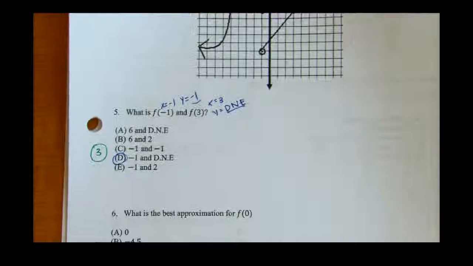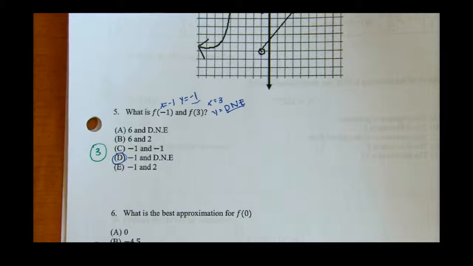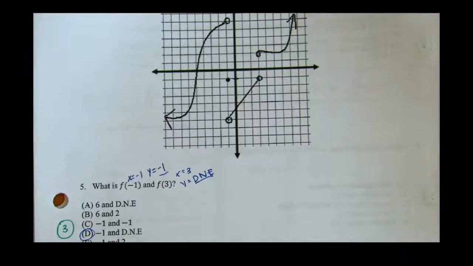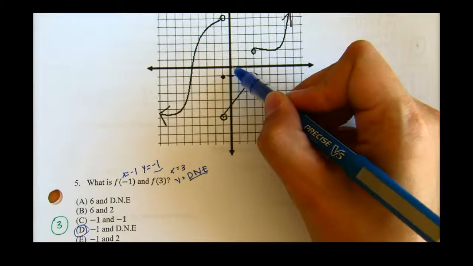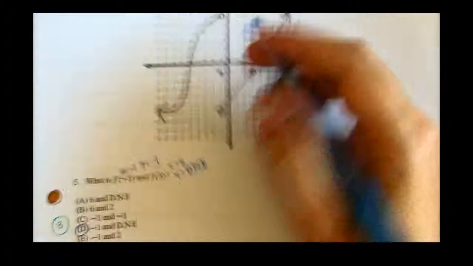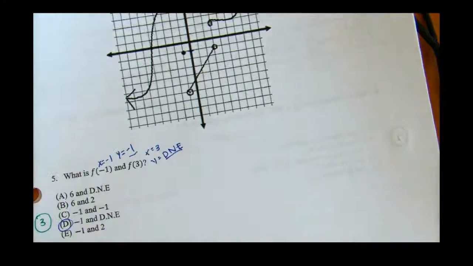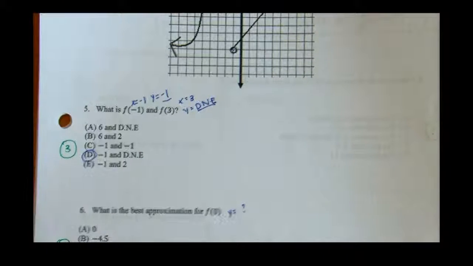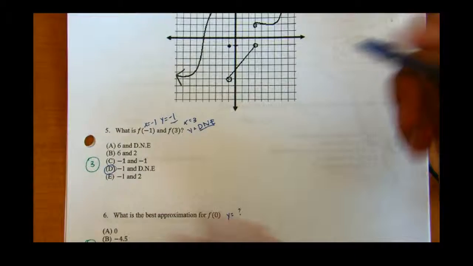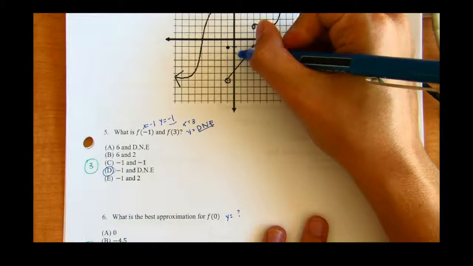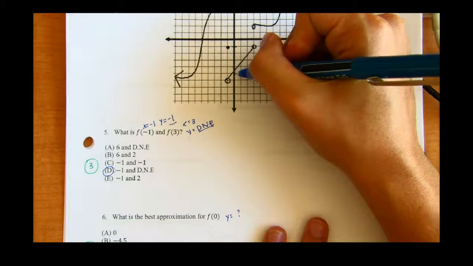Number 6. What is the best approximation for f of 0? Well, let's take a look. So at 0, here's my x value. I want to know my y value. So I want to know y equals what? So at 0, I'm going to count down. I've got negative 1, negative 2, negative 3, negative 4, negative 5.